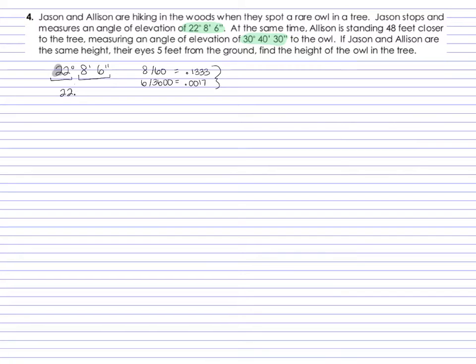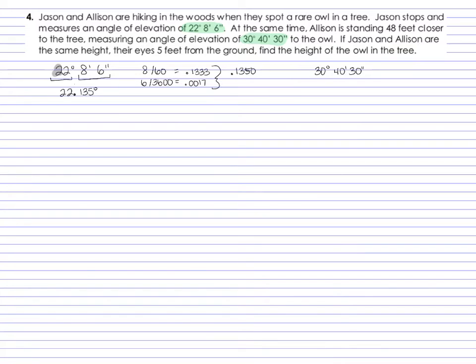When we add those together, that gives us 0.1350 as our decimal. So 22 degrees, 8 minutes, 6 seconds actually becomes 22.135 degrees.